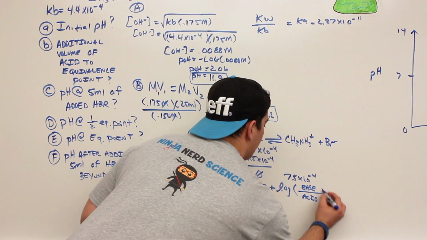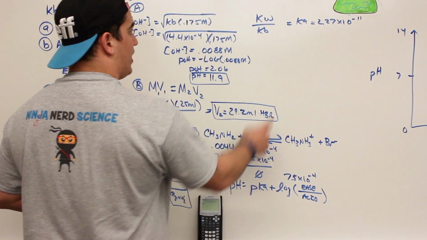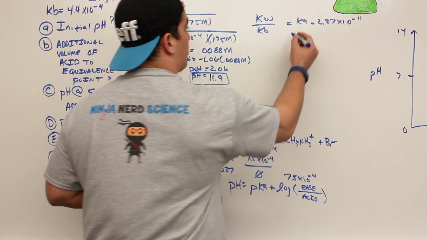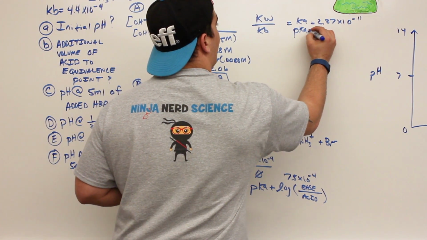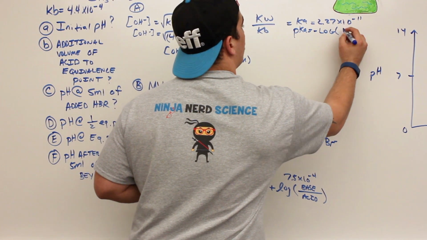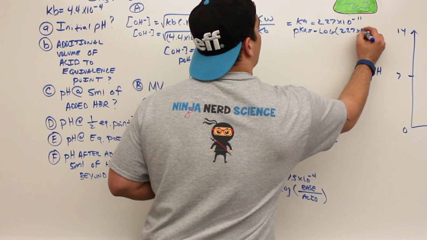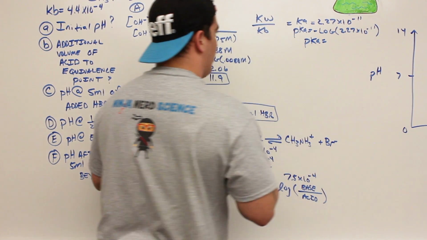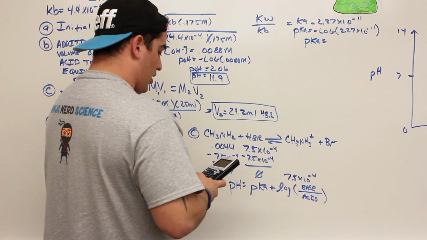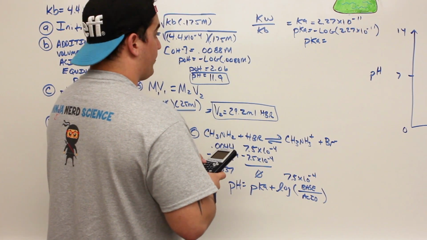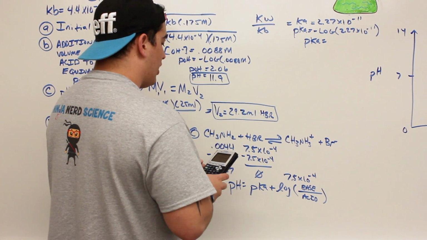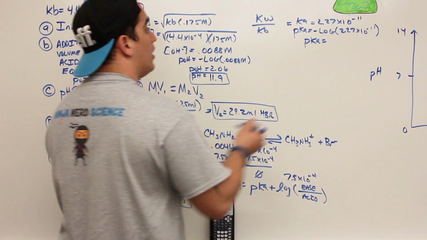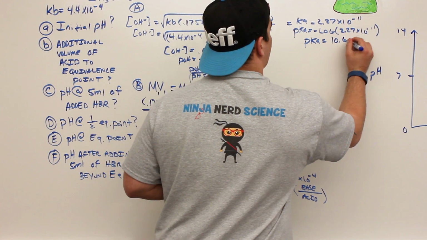So if I have to do this, let's go ahead and take the negative log of that, because that's what pKa is. pKa is equal to the negative log of 2.27 times 10 to the minus 11. Let's plug that in, take the negative log of that number, and I get 10.64. So my pKa is 10.64.